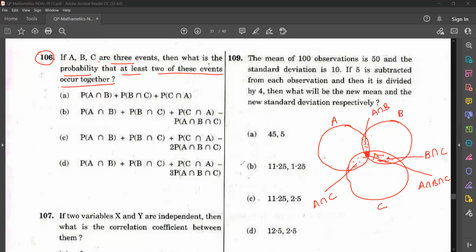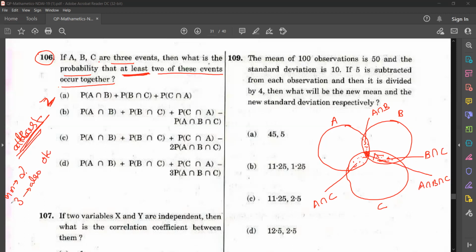Now they are asking what is the probability that at least 2 of these events occur together. So what do you mean by at least? At least means minimum 2. 3 also is okay, isn't it? If minimum 2, then if 3 is also there, that is also fine.